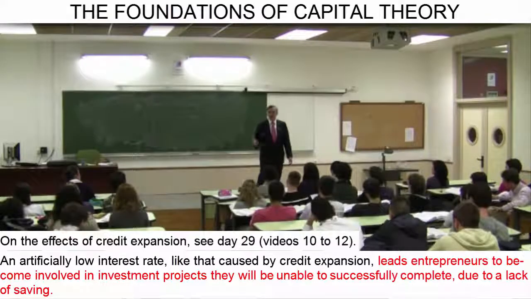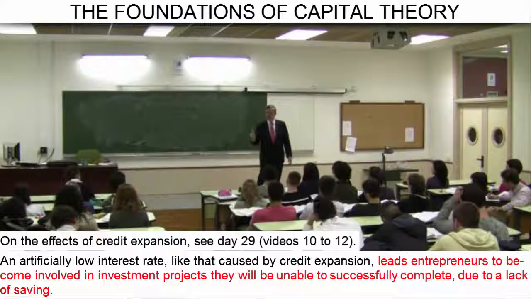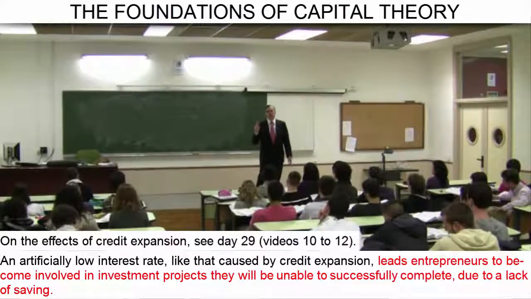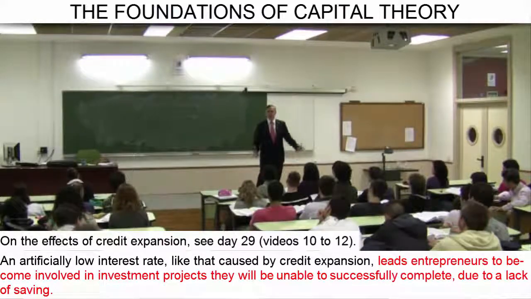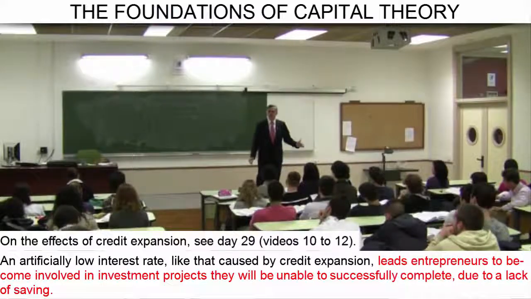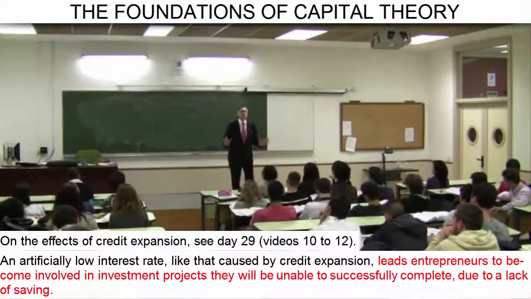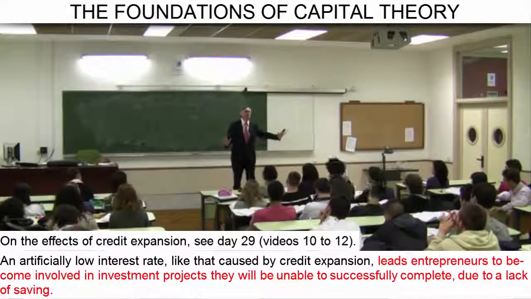However, such conditions do not exist. When the origin of the process lies in artificial credit expansion stemming from the exercise of fractional reserve banking and the artificial reduction of interest rates, entrepreneurs are being led to commit widespread investment errors.